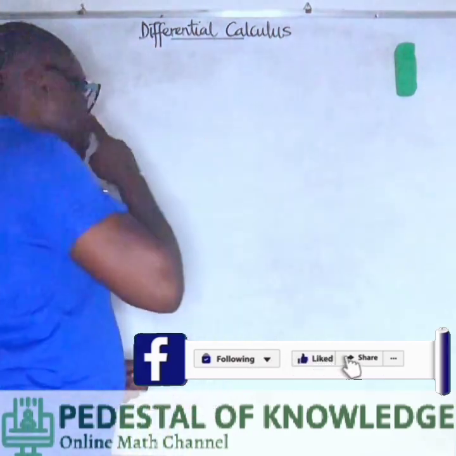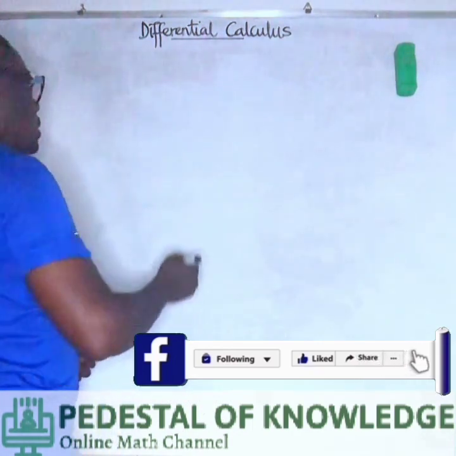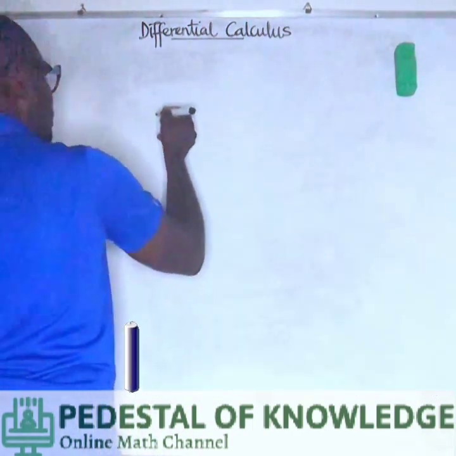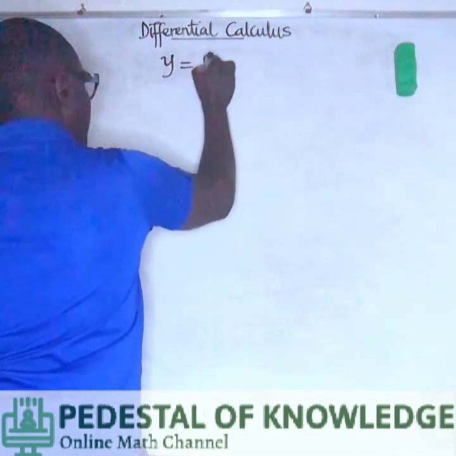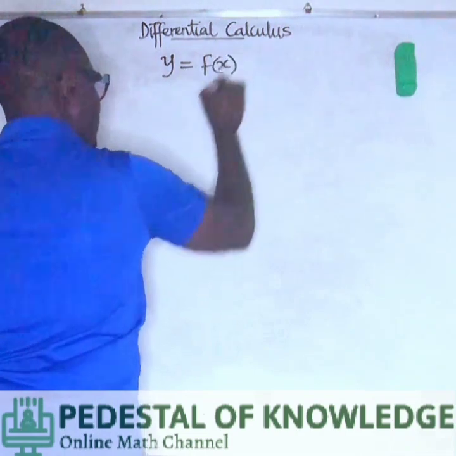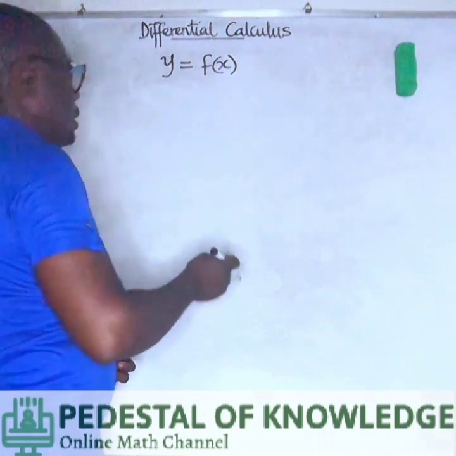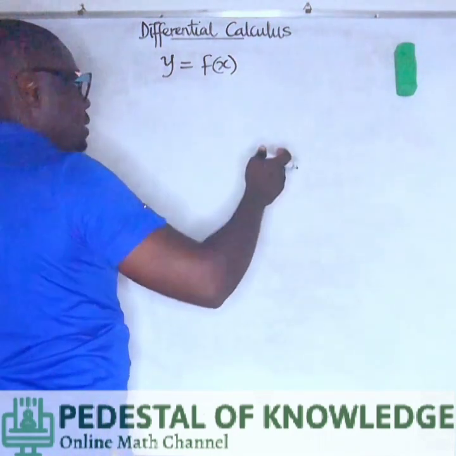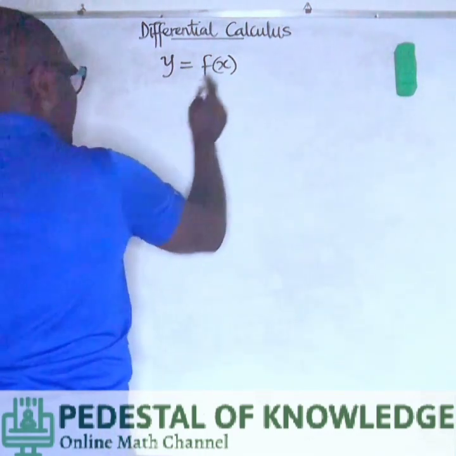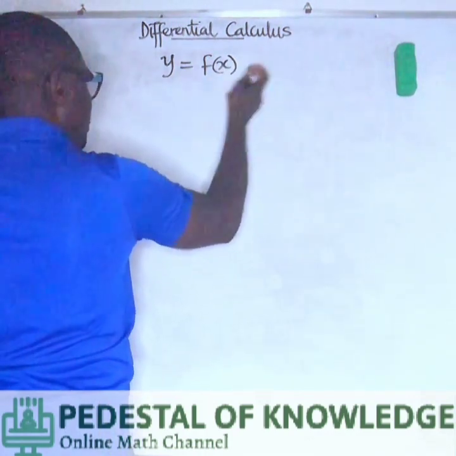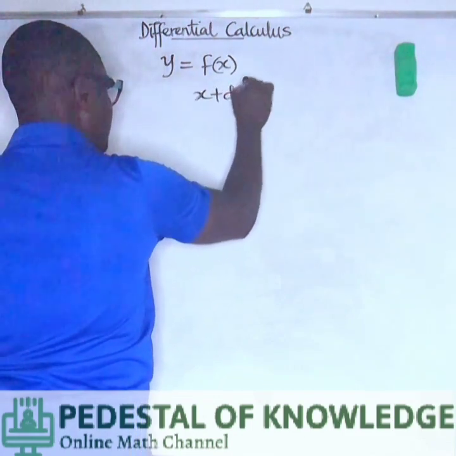Suppose we have a function of x given by y is equal to f of x, and there is a small increment in x from x to, say, x plus dx. x has increased in value from x to x plus dx.